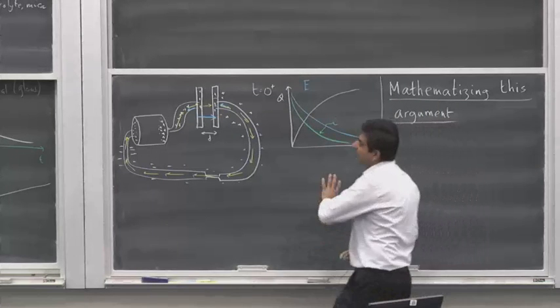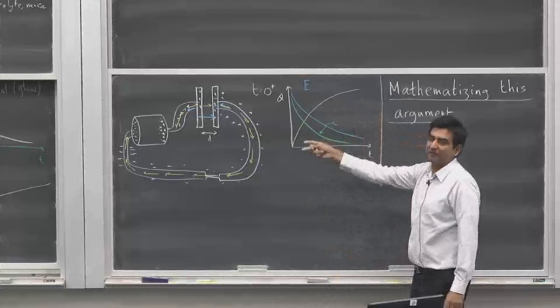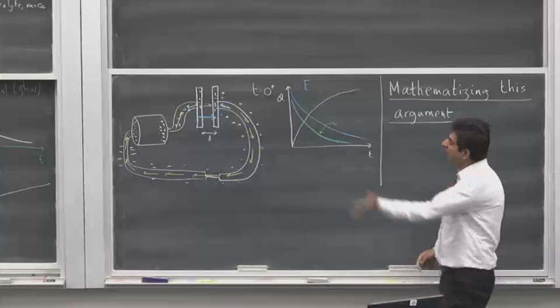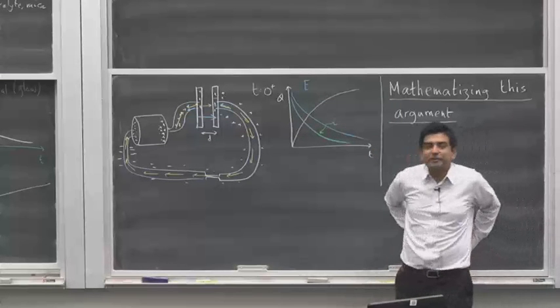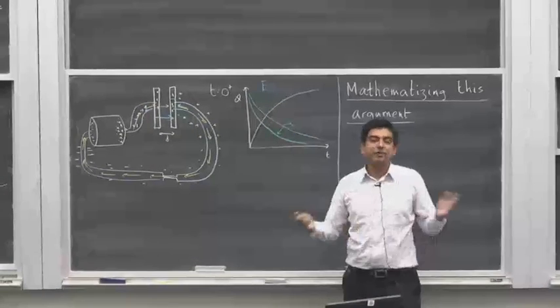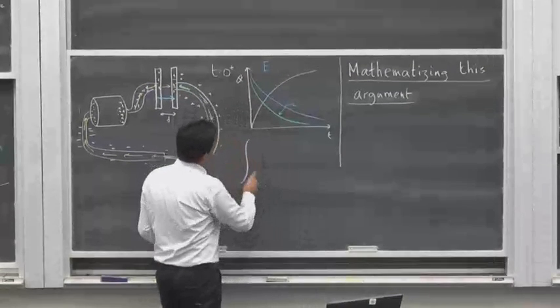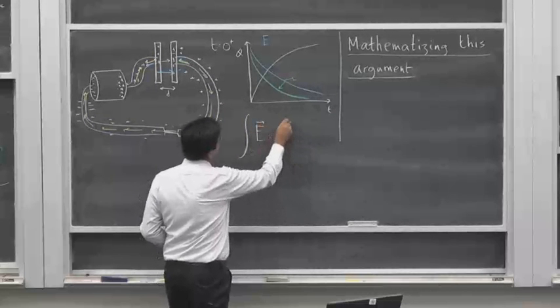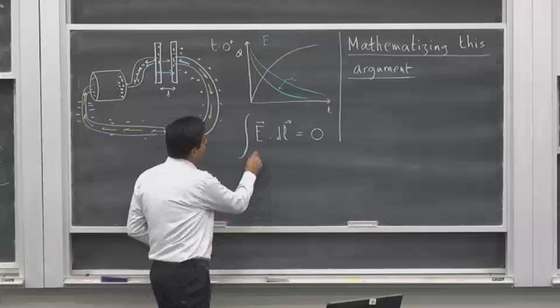Alright, now if I would like to mathematize this argument, I've drawn hand-waving diagrams here. They're pretty accurate. I would like to come up with a quantitative argument behind all of this. Once again, remember that all of the electric fields that we're talking about are conservative electric fields. Therefore, around this closed circuit, E dotted with dl must be 0. This is Faraday's law around this closed path.